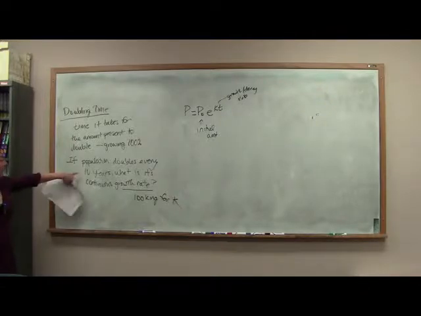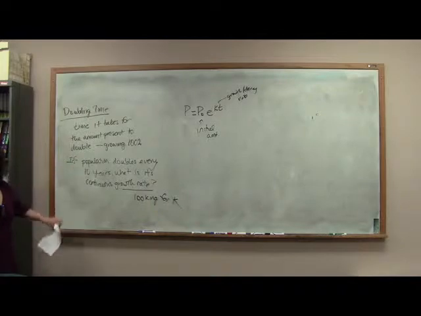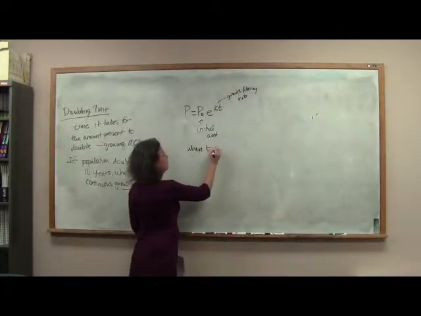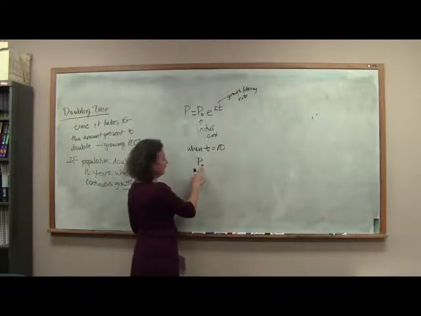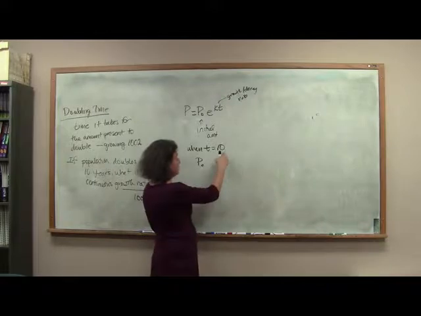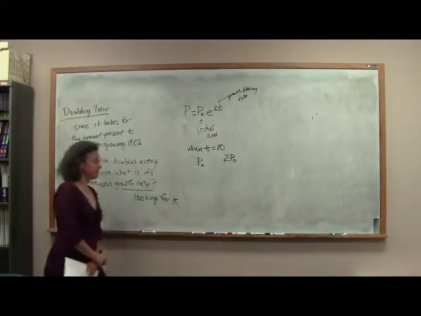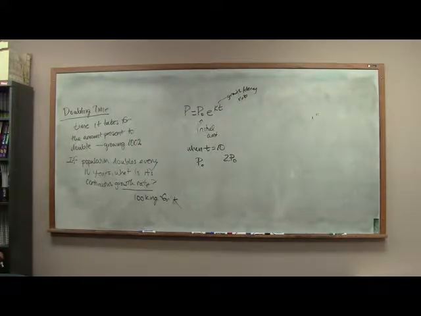We know that when t equals 10, my population doubles. So will you guys grant me then, when t equals 10, whatever P sub 0 is, my initial population, I've got twice that. That's what it means to double.